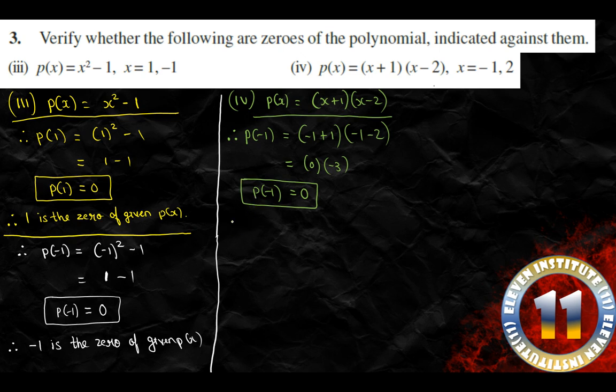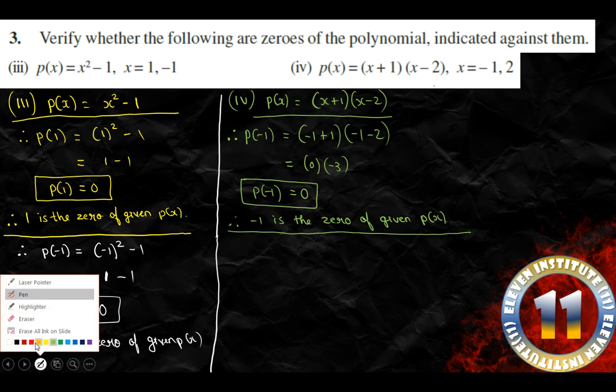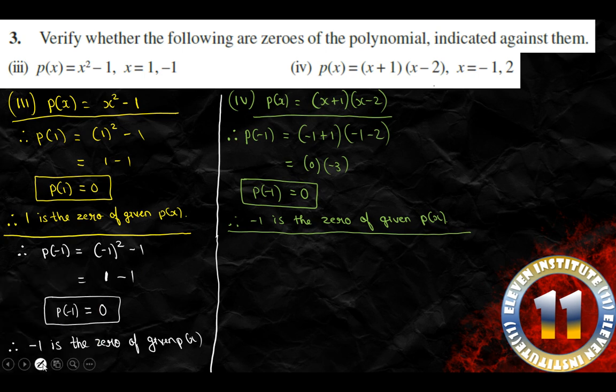So therefore we can write minus 1 is the 0 of given polynomial in variable x. I hope this is very much clear to you. Let us now input the value 2 over here and check whether we get the answer or not. Fine. So let us try that too.